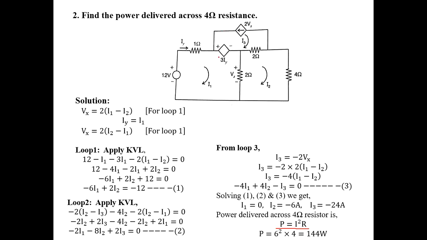To use the mesh method, we need voltage sources only. Suppose the circuit is having a current source, then we have to convert the current into voltage, and then only we can apply the mesh method.